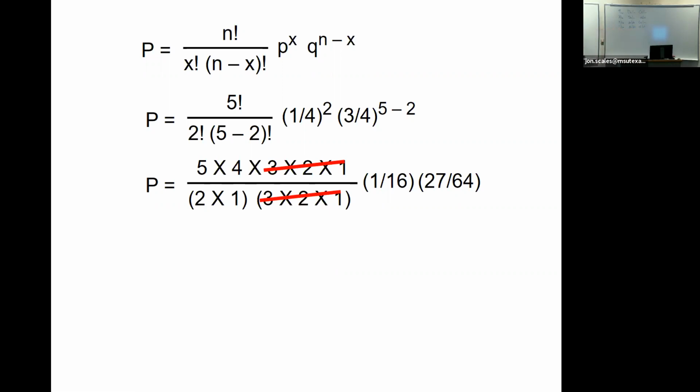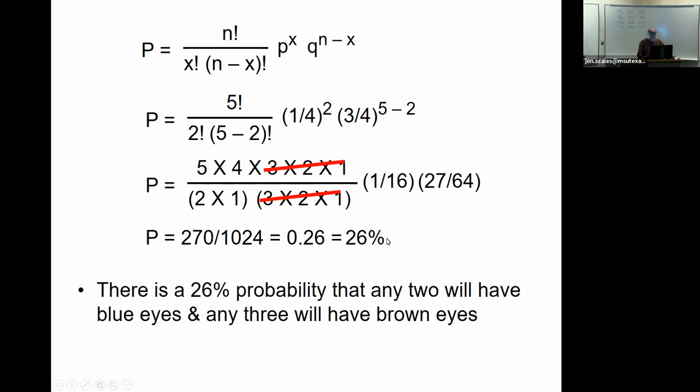What's the probability of that outcome? Well, it's 2 of them having blue eyes, that's 1/4 squared, and 3 of them not having blue eyes, that's 3/4 cubed. And those numbers are there. So that boils all down to 26%.